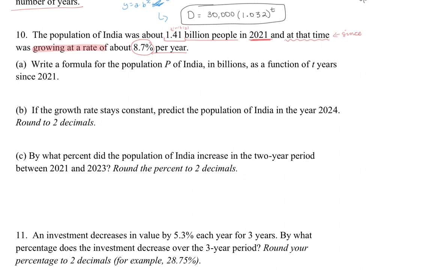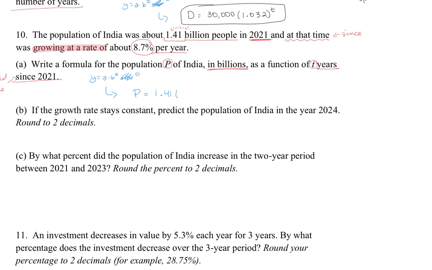So we're asked to write a formula for the population P in billions as a function of T years since 2021. So we know this is our initial time. So let's start with our general function plus K. Again, we're not given a K, so we just assume that's 0. Our Y is actually P. Our A is the initial condition, so we want it in billions, so we're just going to leave that as 1.41.